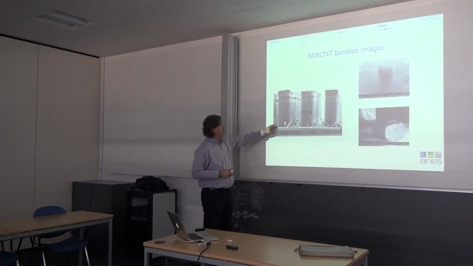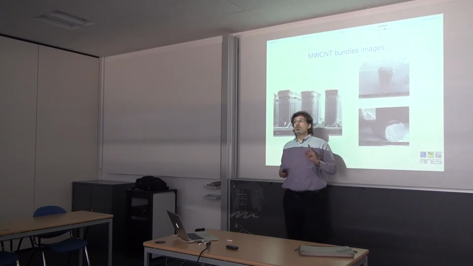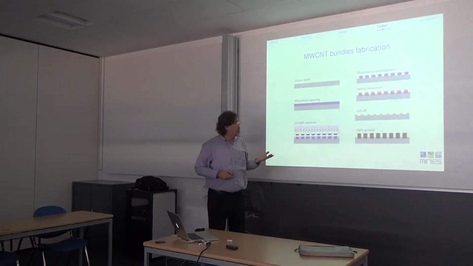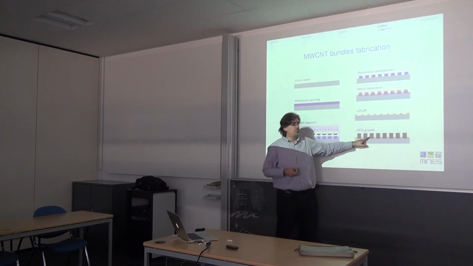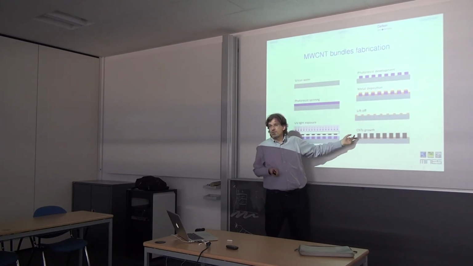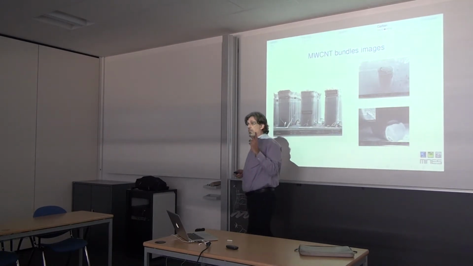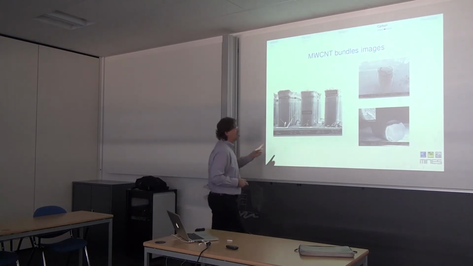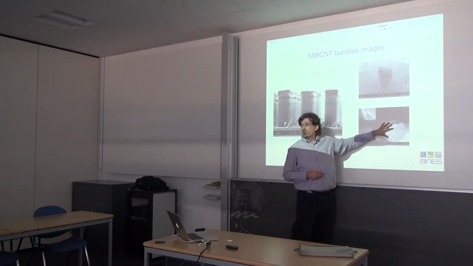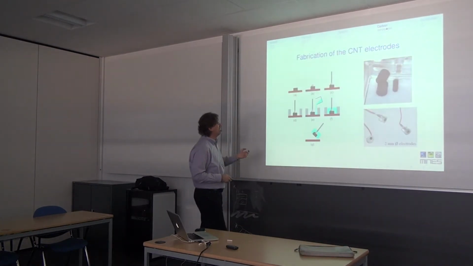Okay? So they built arrays of these, but we don't use them as arrays because they do not have a metal contact, and the metal is not useful for doing interconnection. So this cylinder must become an electrode, and to take this cylinder that we detach from the surface for building an electrode, we use this technique.